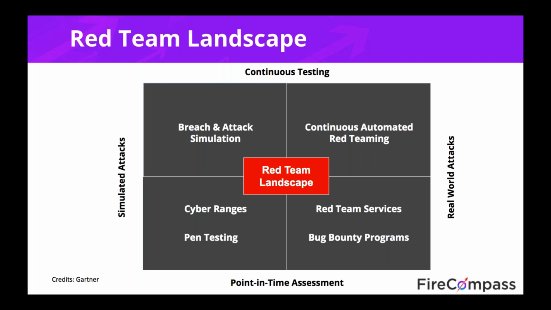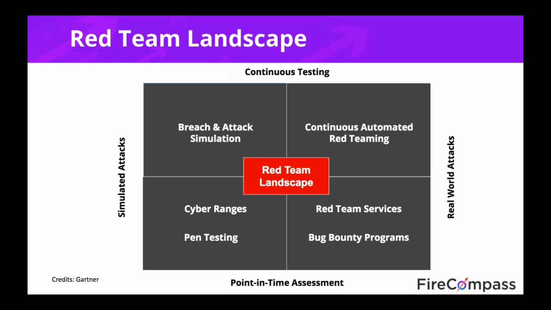Now, when you look into this red teaming landscape or doing this offensive attack simulation, and if you want to break down this space into a few buckets so that you get the holistic picture. So we took this from Gartner. So you can have in one axis simulated attack versus real world attacks. That's the x-axis. And continuous testing versus point-in-time testing.